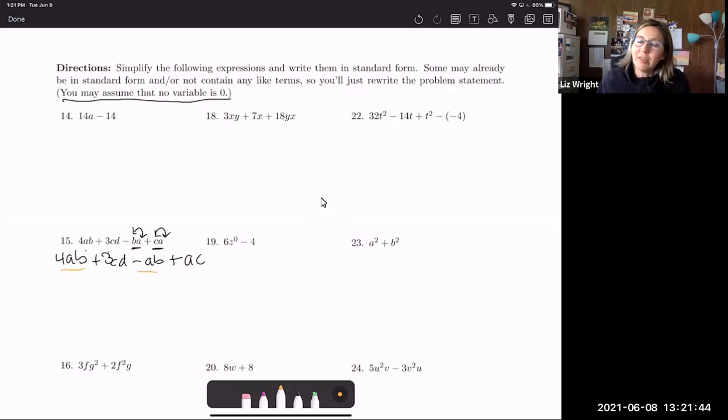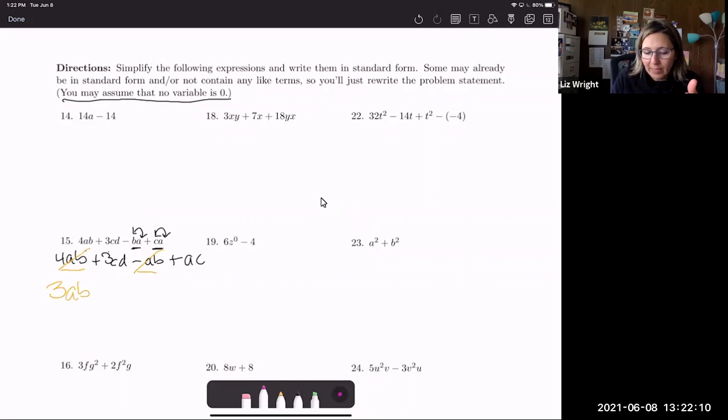The next thing I want you to think about is sorting them into categories about which one would come first, alphabetically and in descending order. Would it be the ab terms? Would it be the cd terms or the ac terms? And I'm hoping you're saying the ab terms. So 4ab minus ab is going to give us 3ab, and that gets rid of those.